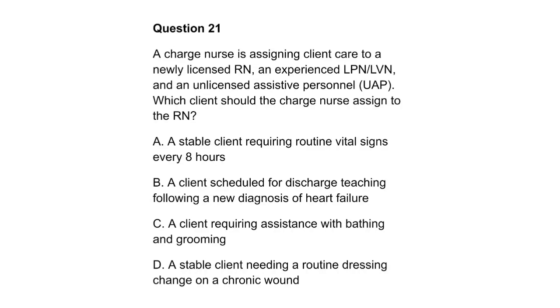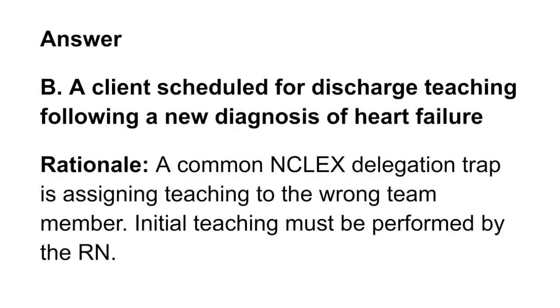C. A client requiring assistance with bathing and grooming. D. A stable client needing a routine dressing change on a chronic wound. Answer: B. A client scheduled for discharge teaching following a new diagnosis of heart failure. Rationale: A common NCLEX delegation trap is assigning teaching to the wrong team member. Initial teaching must be performed by the RN.